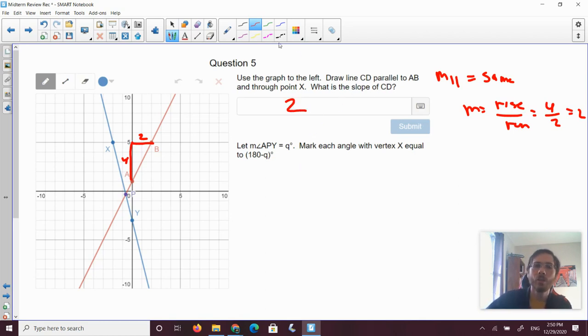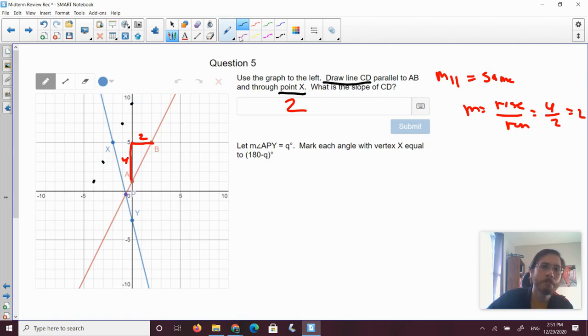So we got 2 as the slope for CD. So now that I know 2 is the slope for CD, that means I can now draw a line CD from point X, because I know my slope is 2. So from point X, I'll go up 2 over 1. I can also go down 2, back 1 if I want.